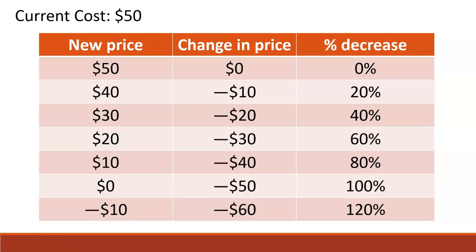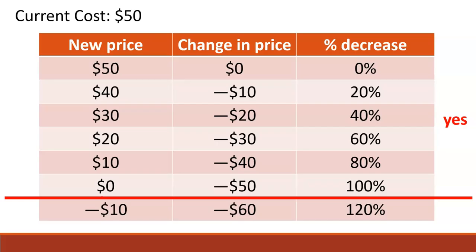The line between having to pay for the prescription and being paid for the prescription is right here. So anything from a 0% decrease to a 100% decrease in price is mathematically possible. But anything over a 100% decrease in price just doesn't make any sense. It would mean that we're getting paid for the prescriptions.